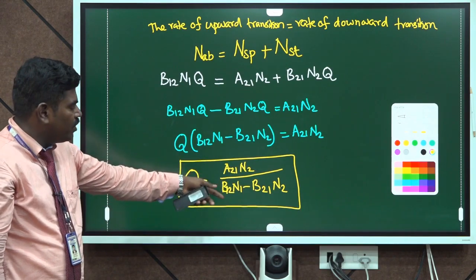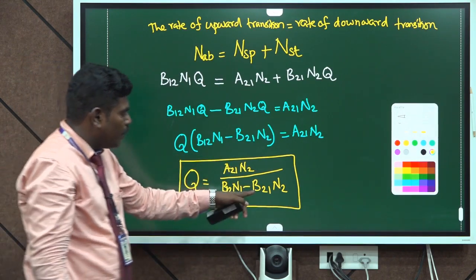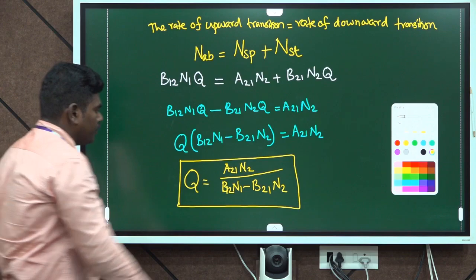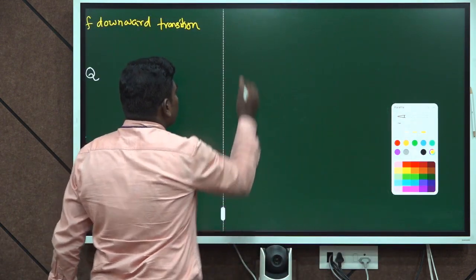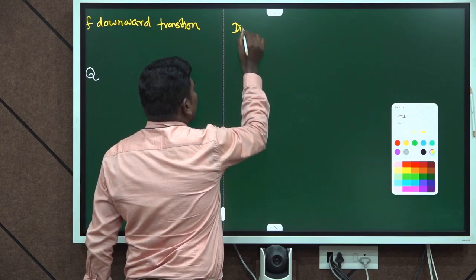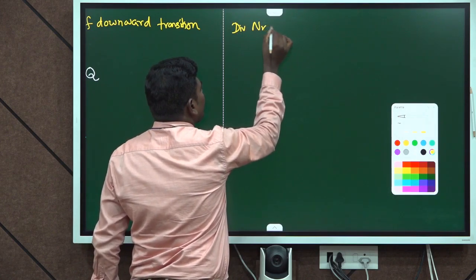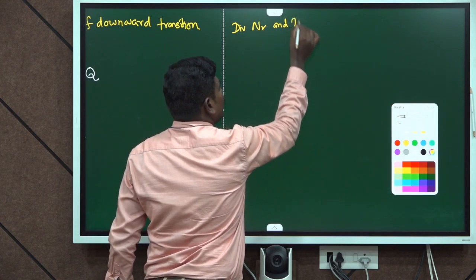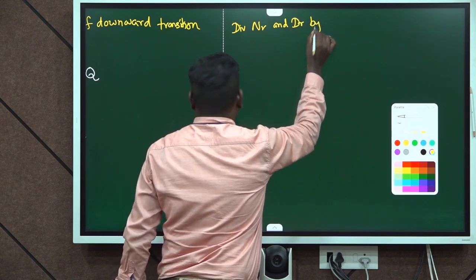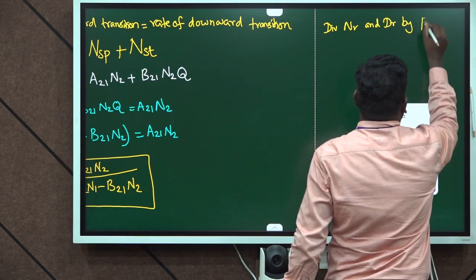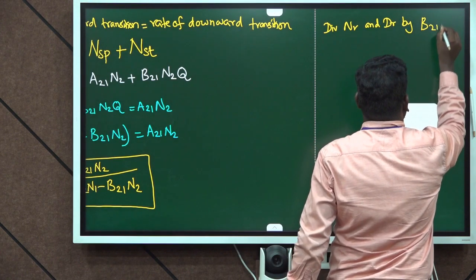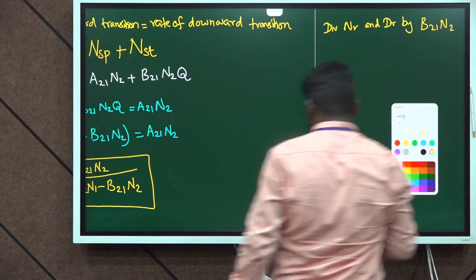Next, dividing numerator and denominator by B21 N2.